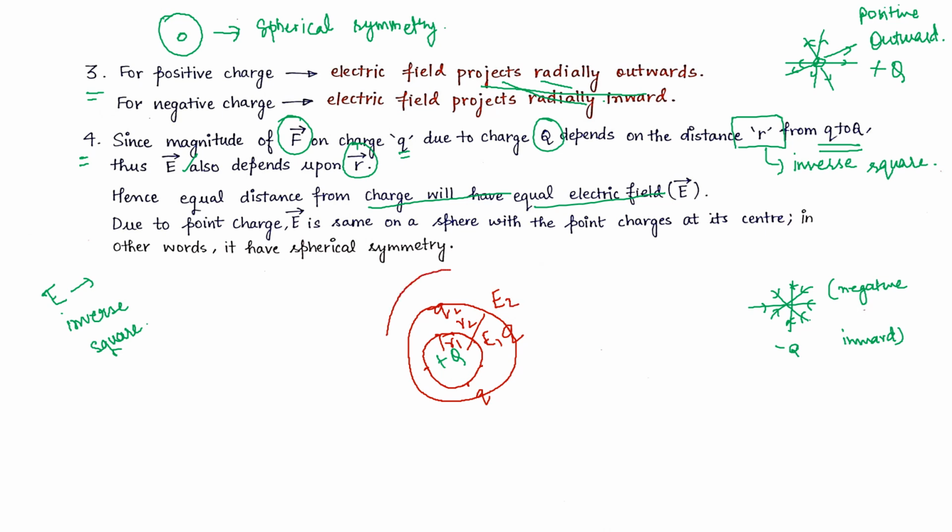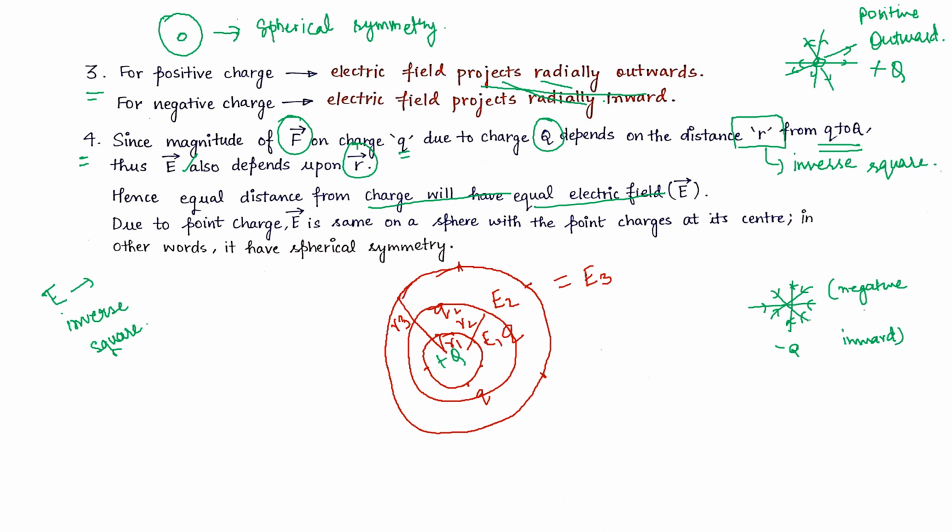If we go a little farther from the charge capital Q, the distance is further away, that is R3. If we place a charge over here, it will have the same electric field, denoted as E3.